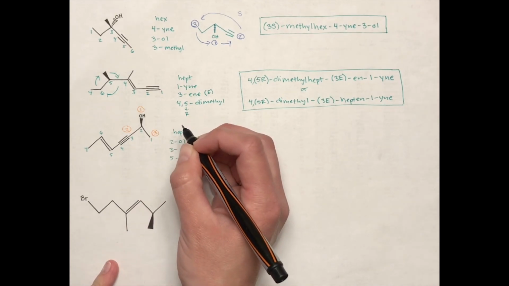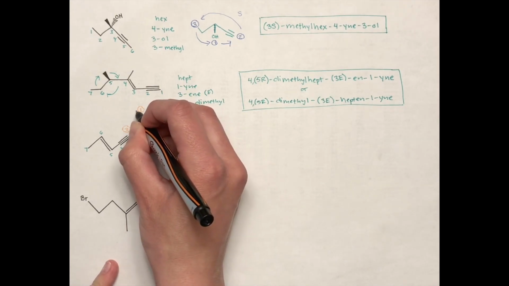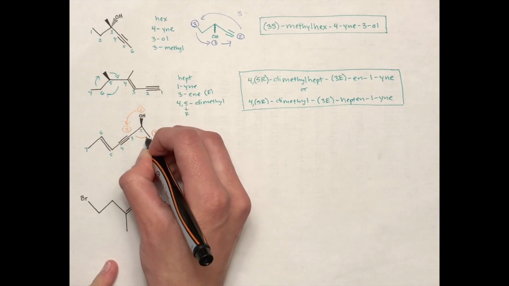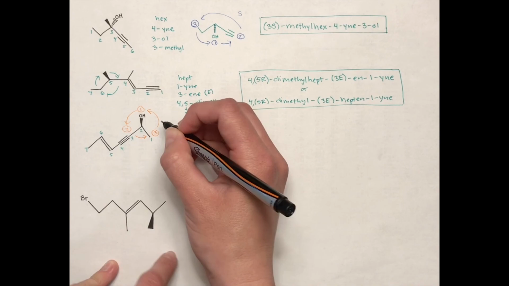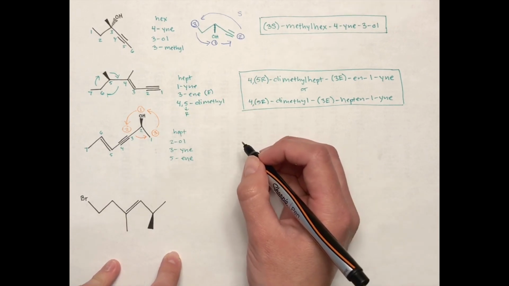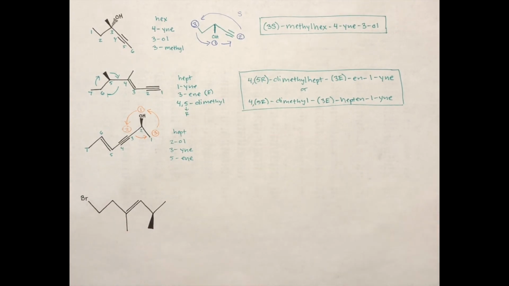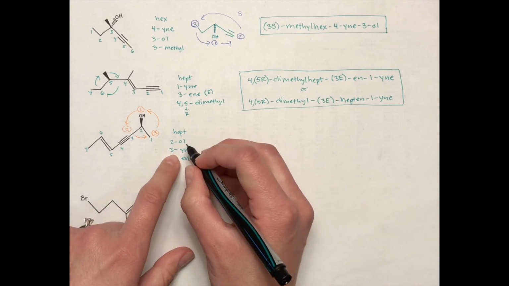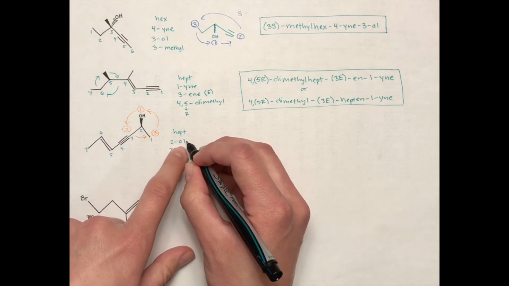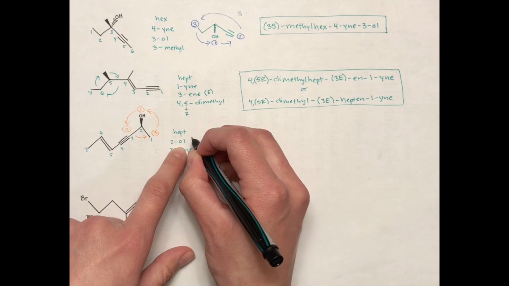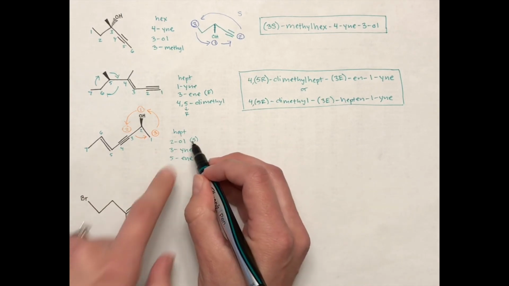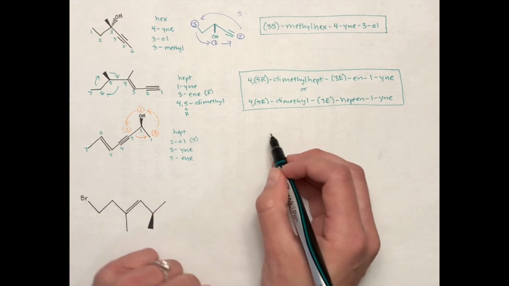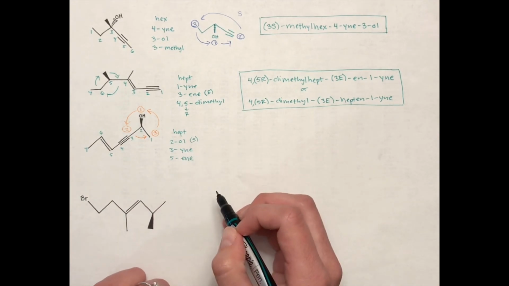Perfect. So, doing it out, we can see that that looks like it's going counterclockwise, so it's going to be S. So let's go ahead and label the 2 right here with an S. I'm writing it behind, it's going to be 2S together in parentheses, just so we don't forget to write the 2S when we're putting the alcohol group down.